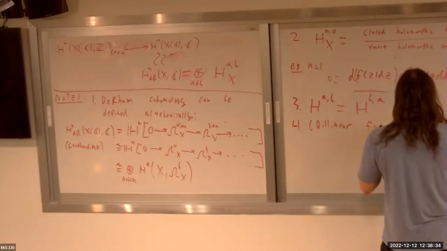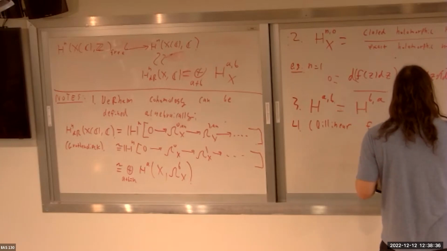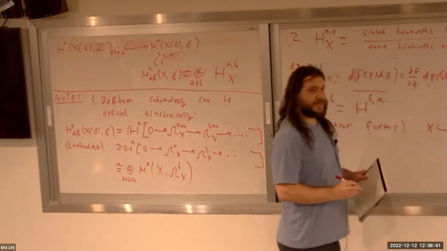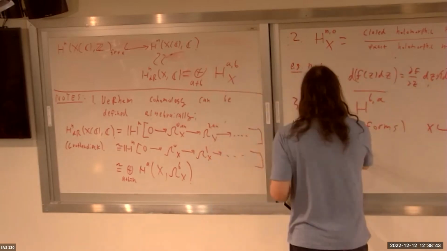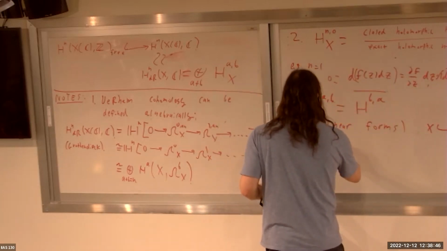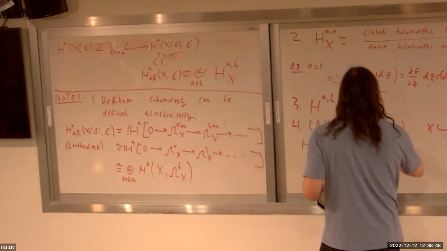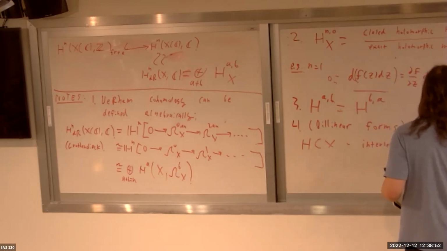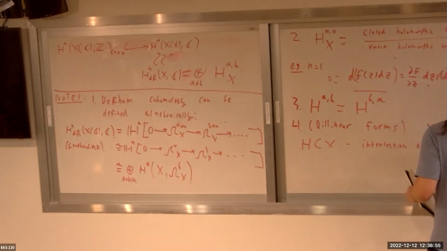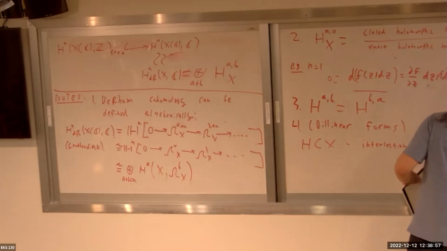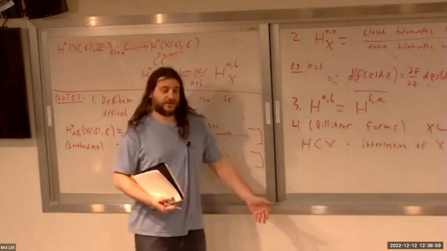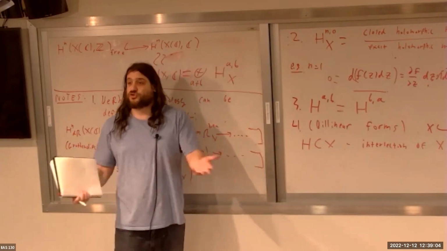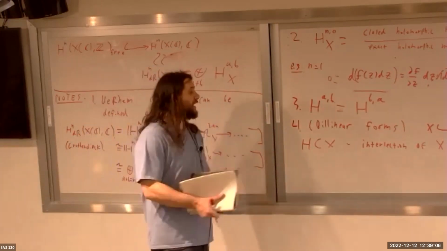So what we can do is take X as actually sitting in Pn, and we can take H in X to be the intersection of X with a hyperplane. That gives us some complex codimension 1 subvariety of X, which in particular gives us an H2 class because complex manifolds are naturally oriented.